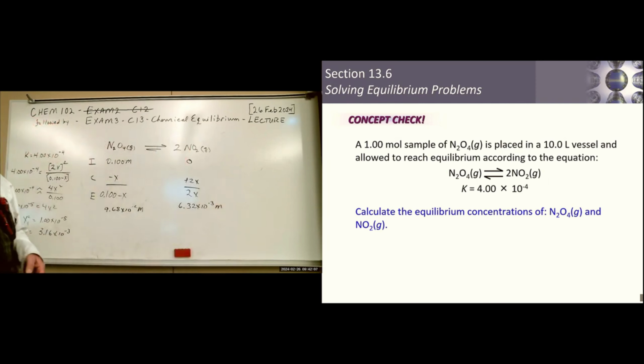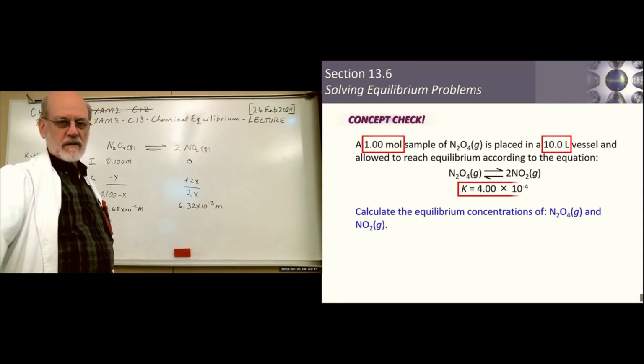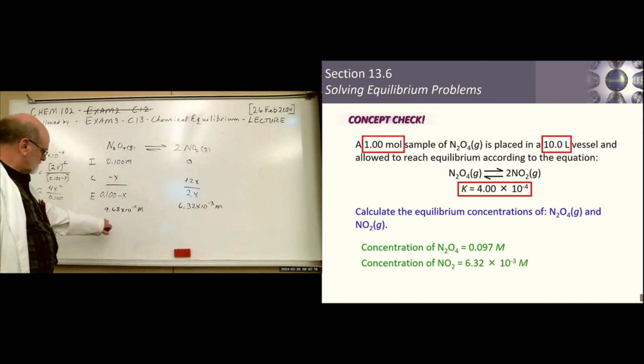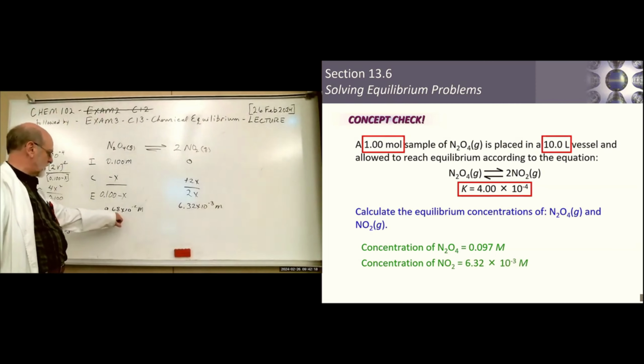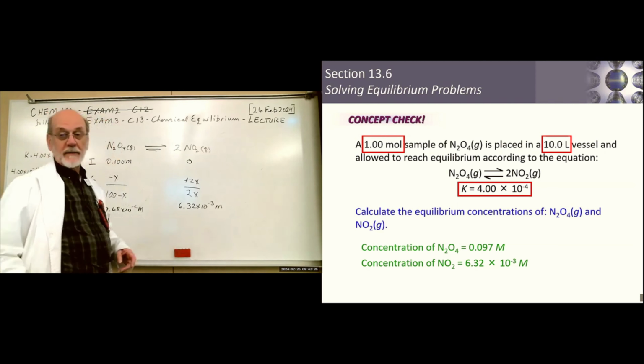Okay, let's see if the slide agrees with me. They rounded it off to 0.097, that's correct. And then 6.32 times 10 to the minus 3.